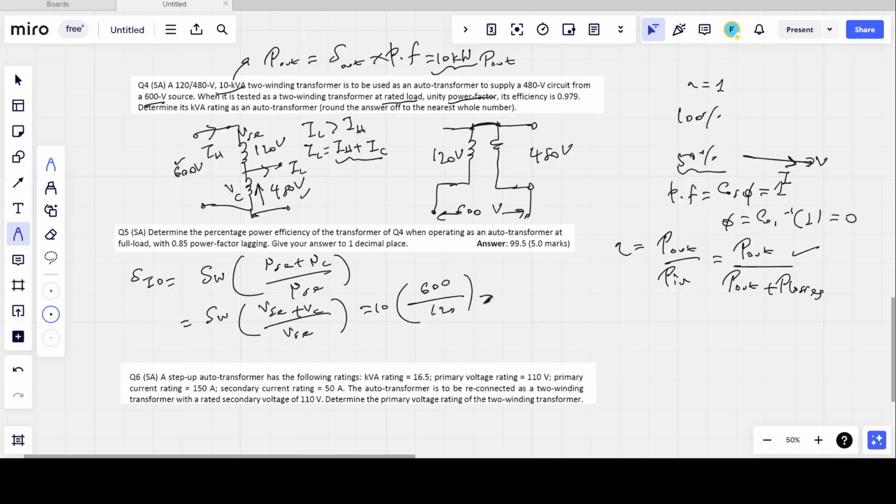So if I use my calculator here, this is nothing but 10 times 600 divided by 120, and I'm getting 50.